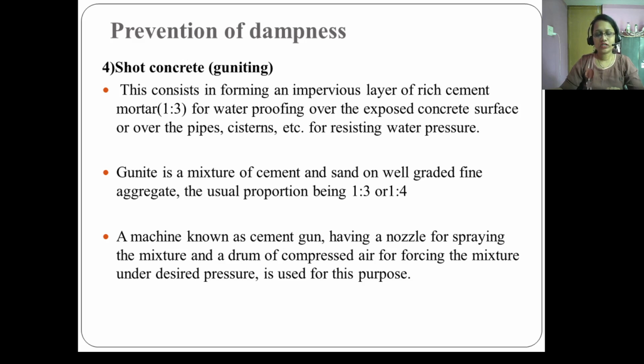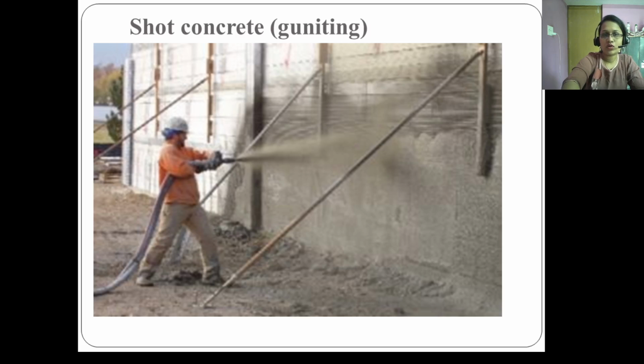The nozzle of the machine is kept at a distance of 75 to 90 centimeters from the surface to be gunnited. A mortar mix of the desired consistency and thickness can be deposited to get an impervious layer. The layer should be properly cured for at least 10 days. As you can see here, this is shotcreting or gunniting done on site.